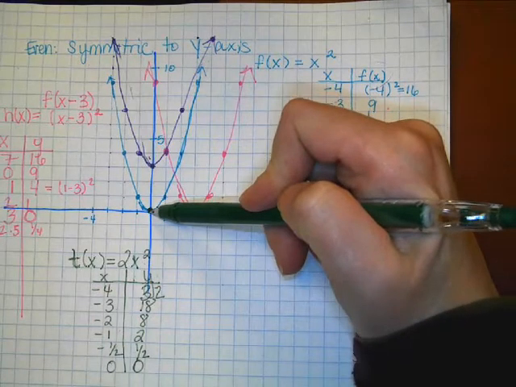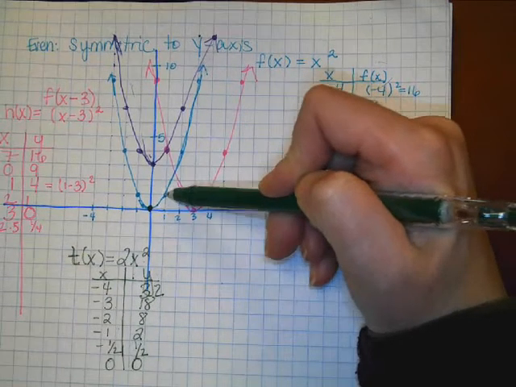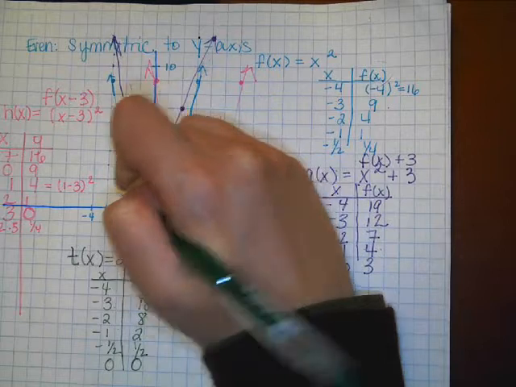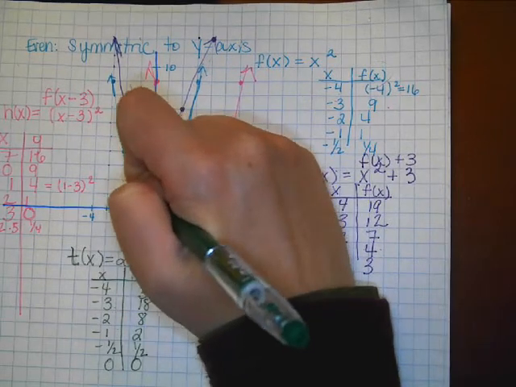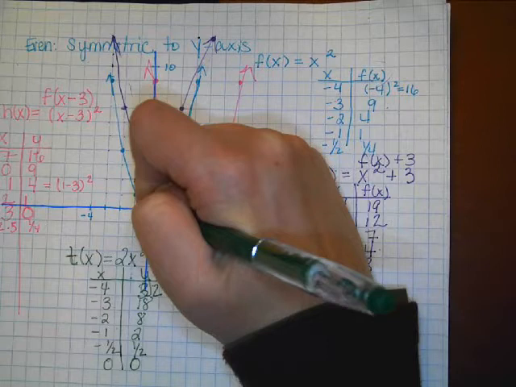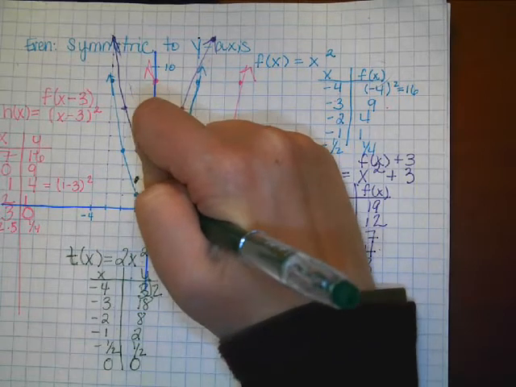So what I'm seeing on the graph, when I plug these in, is this point stays the same. This point right here, 0, 0, shares a vertex. But instead of going over 1 and up 1, I go over 1 and up 2. Over 1, up 2.